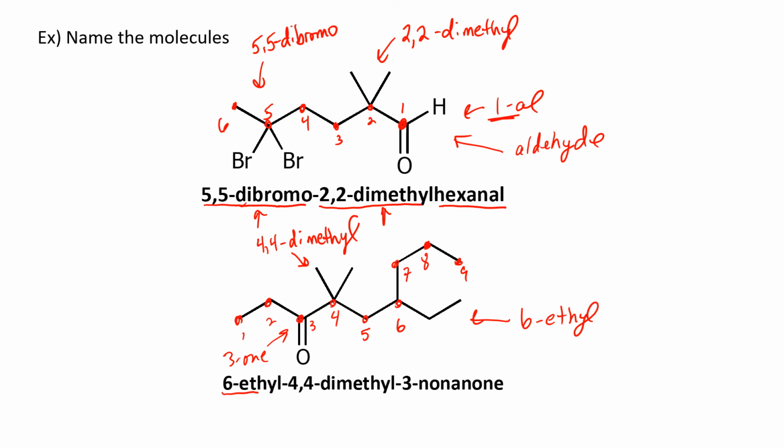Putting it all together, 6-ethyl, 4,4-dimethyl, 3-nonanone, or you could have said 6-ethyl-4,4-dimethylnonan-3-one. It's also perfectly acceptable.